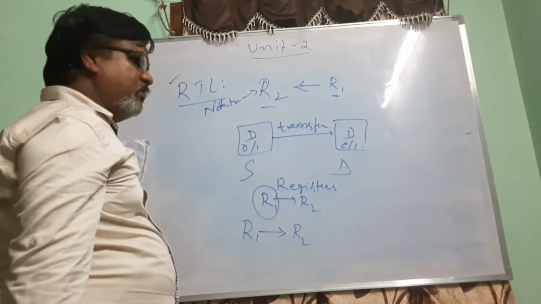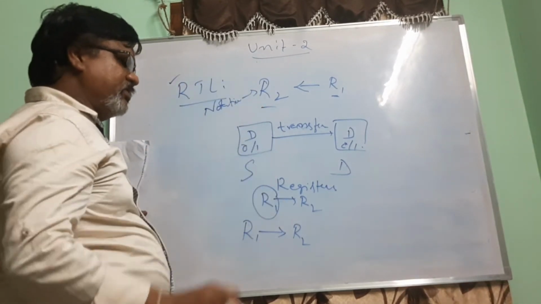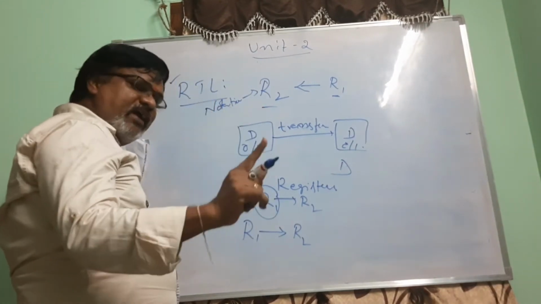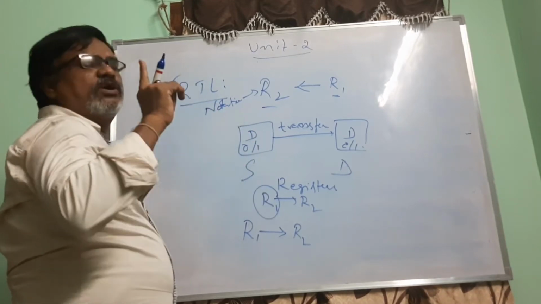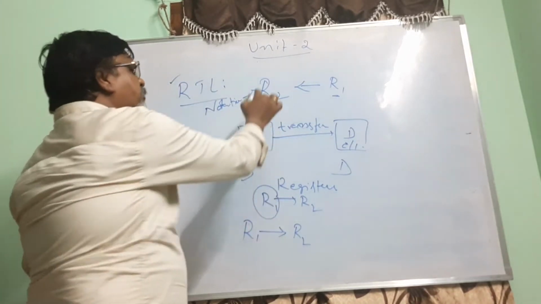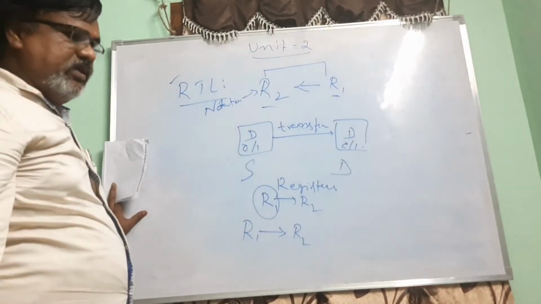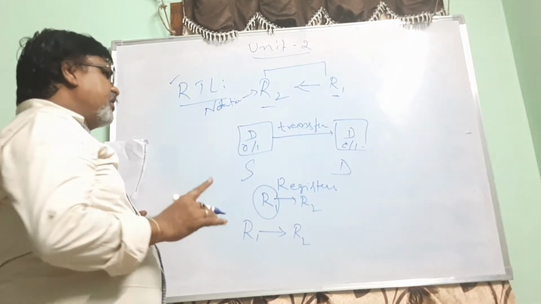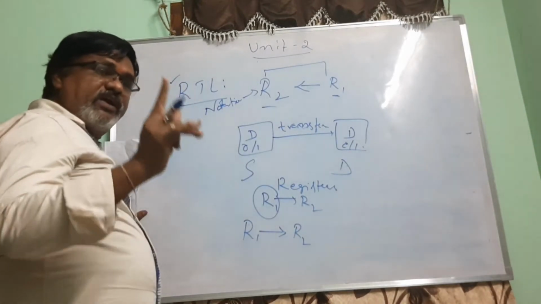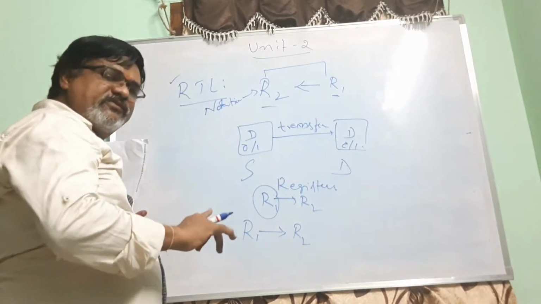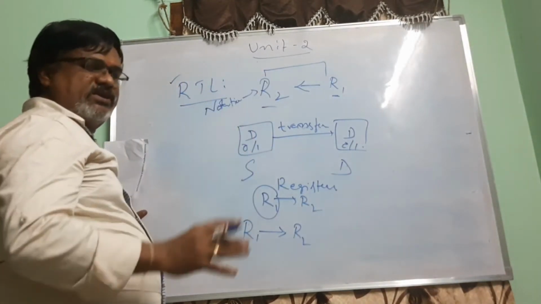What is RTL? Register Transfer Language. RTL is a language that is used to transfer the data between two registers, among n registers. I am repeating again: RTL is a language used to transfer the data among the registers.